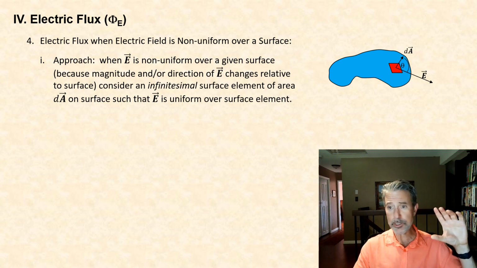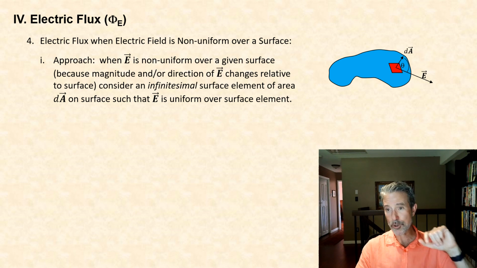That infinitesimally small surface element, represented by this little red piece in the diagram here, as we've said previously, can be represented by an infinitesimal area element, dA, a piece that is so small we can consider it to be essentially flat, such that the area vector dA is perpendicular to the entire surface.